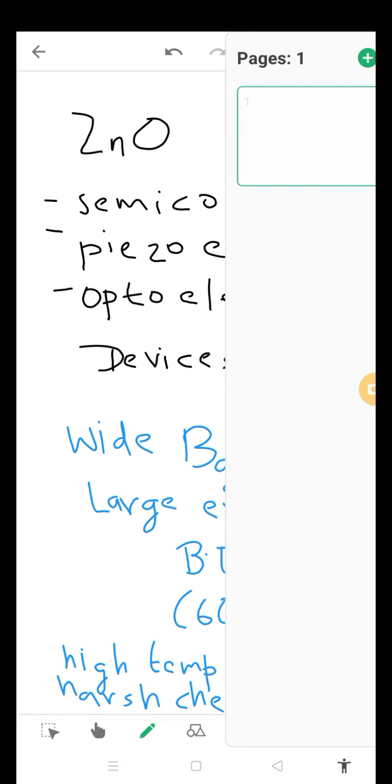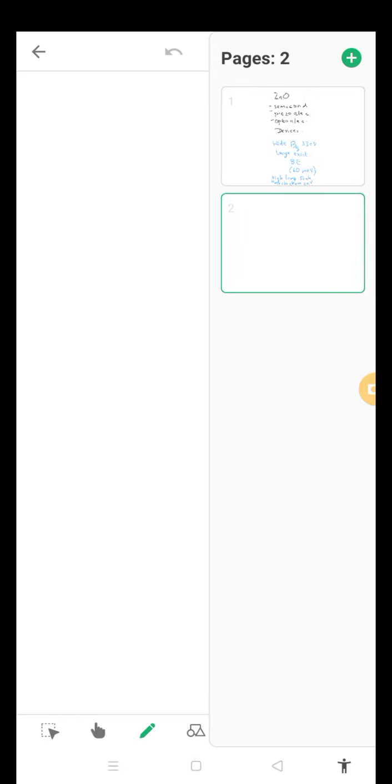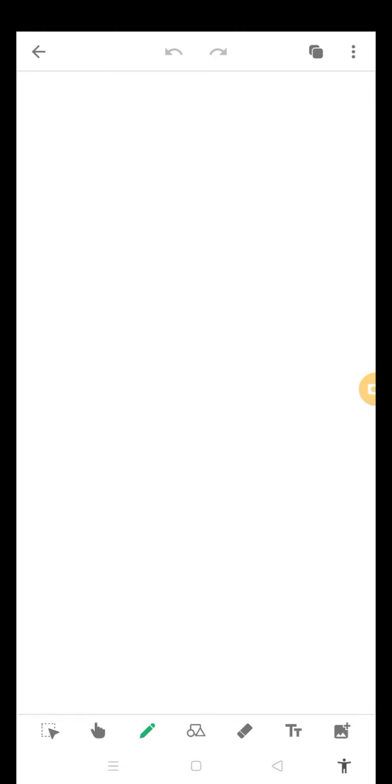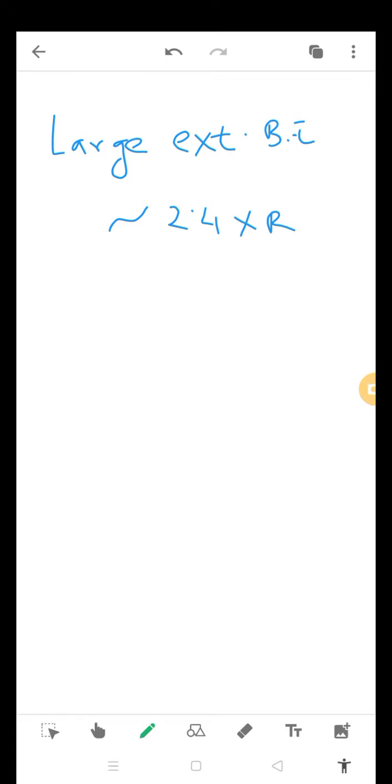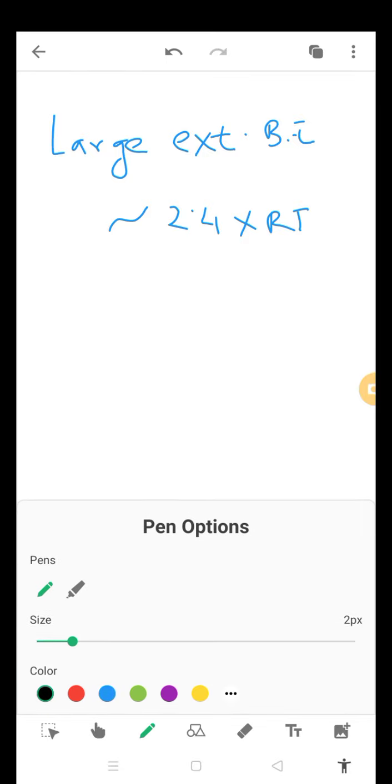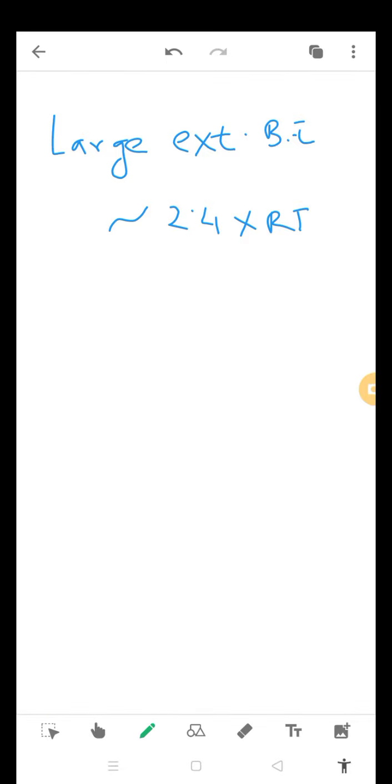Now this large exciton binding energy, which is around 2.4 times kT at room temperature, makes zinc oxide an efficient excitonic emitter.